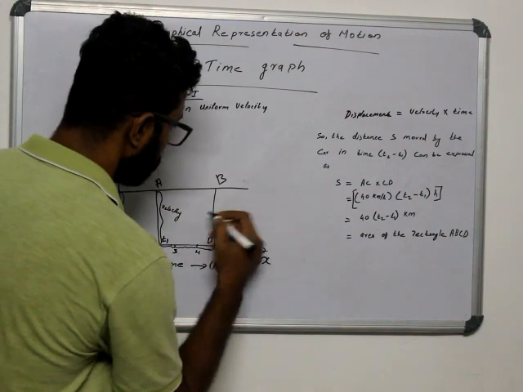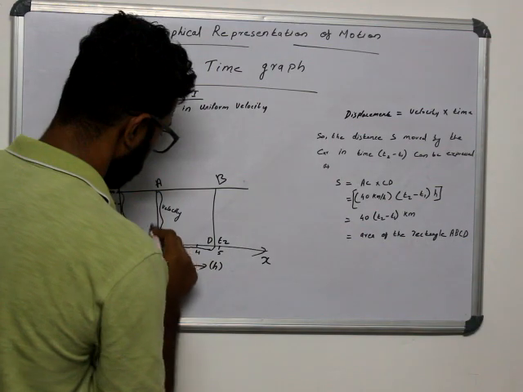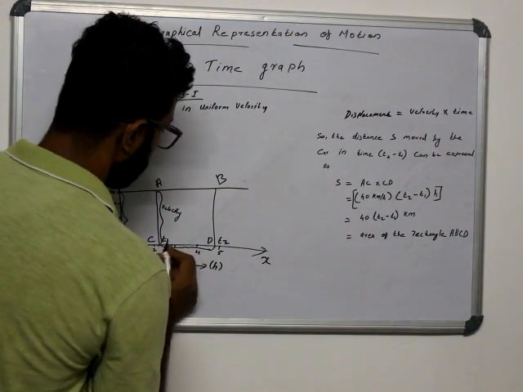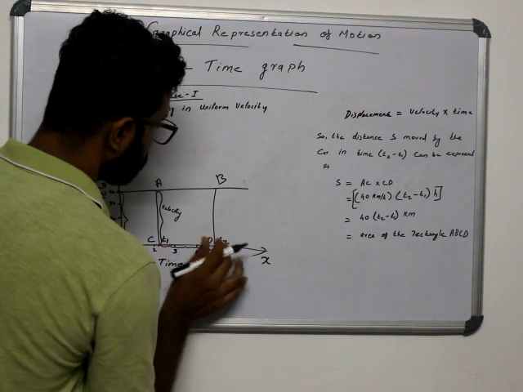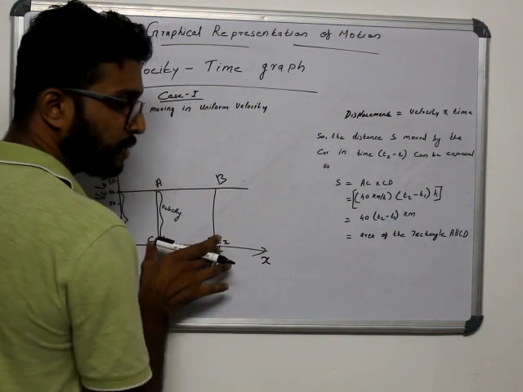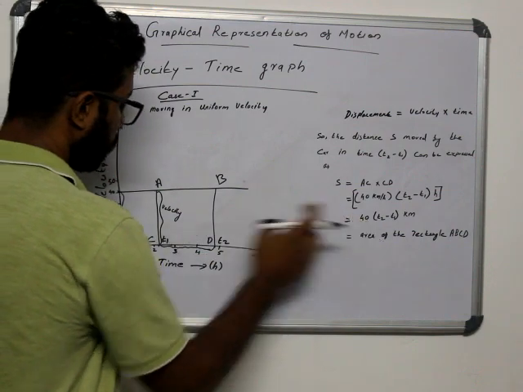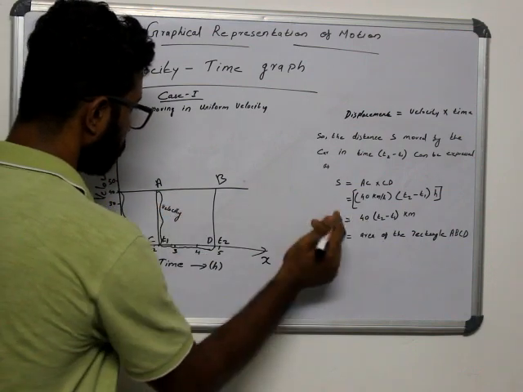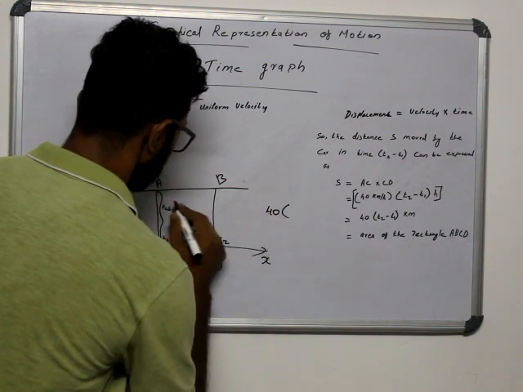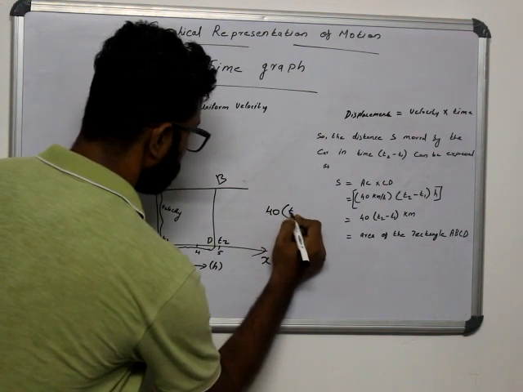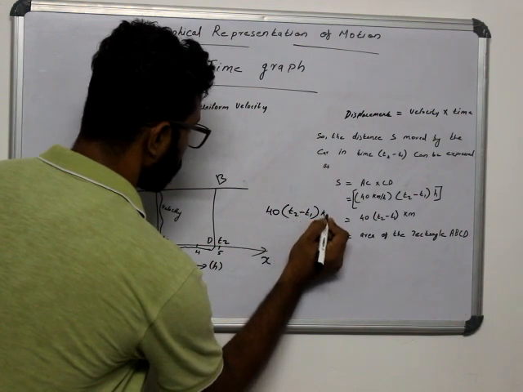So that is equal to 40 into the time interval between t1 and t2. How can the time interval be written? It is t2 minus t1, otherwise it will be a negative value. That is why we take t2 minus t1. So the displacement is 40 into t2 minus t1, this much kilometer.